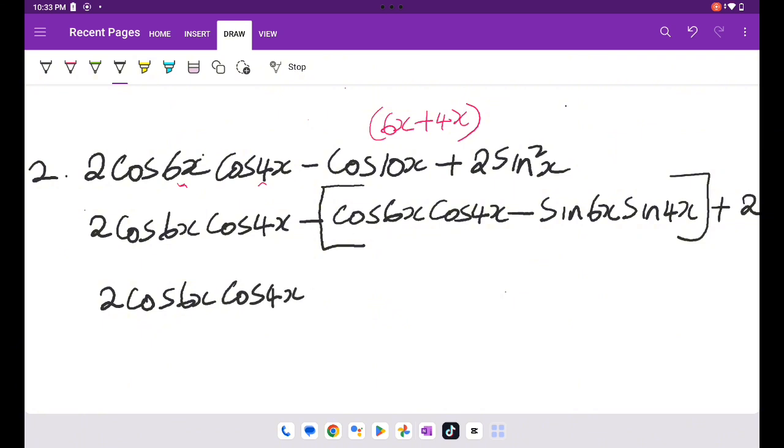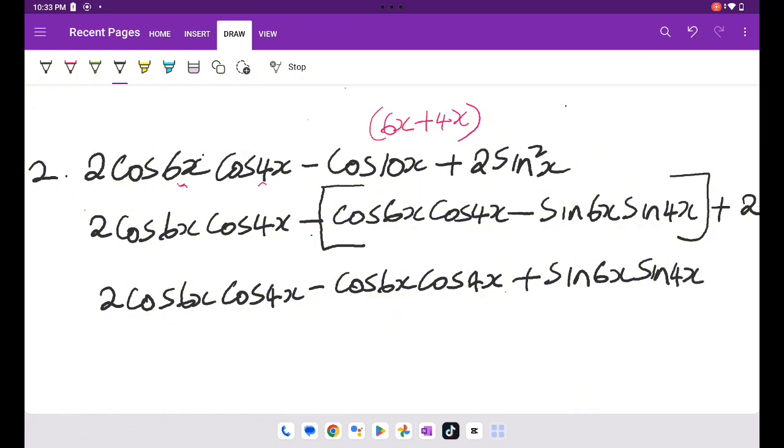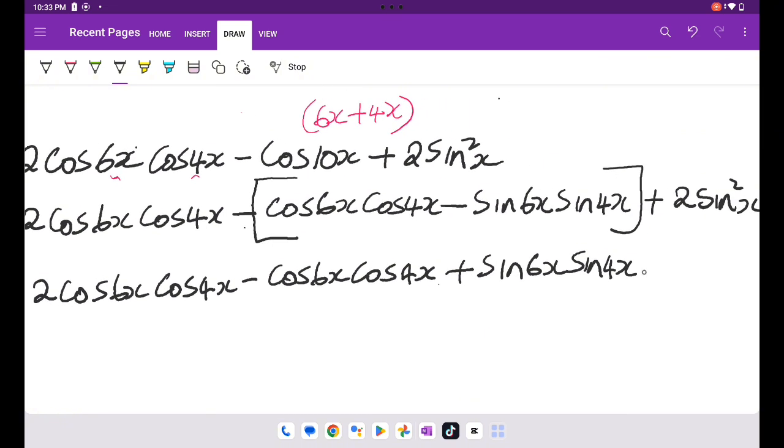Now this is going to be a minus cos 6x cos 4x, and this is going to be a plus, a negative and a negative is positive, sine 6x sine 4x, then plus 2 sine squared x.